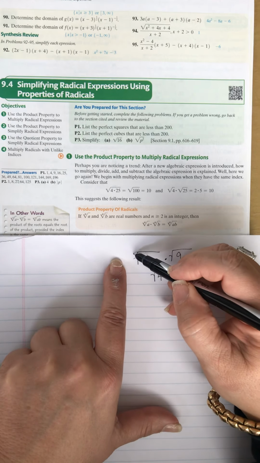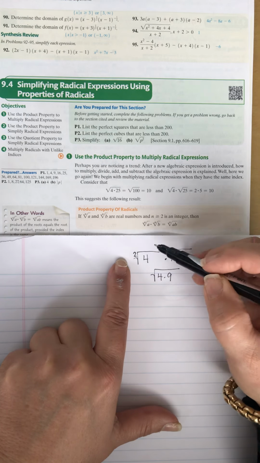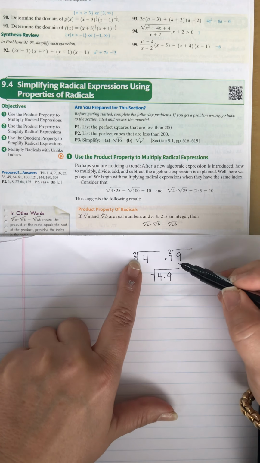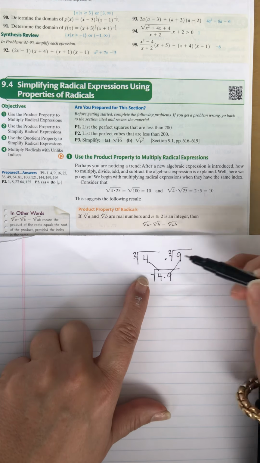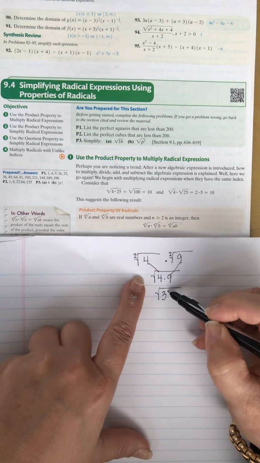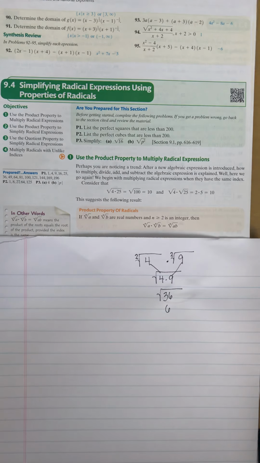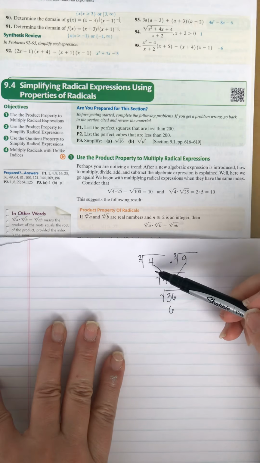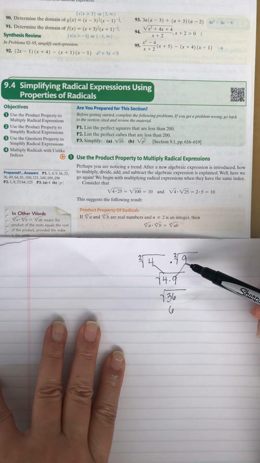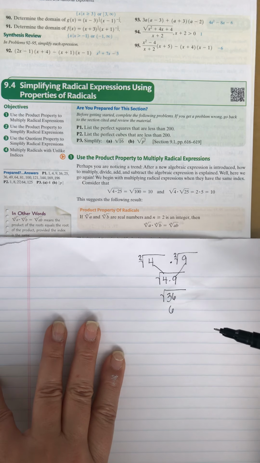So if the indexes are the same, so these are both understood to be 2, you can merge them together under one radical, and then go ahead and do square root of 36, which is 6. If you want to keep them separate, square root of 4 is 2, square root of 9 is 3, and 2 times 3 is 6.